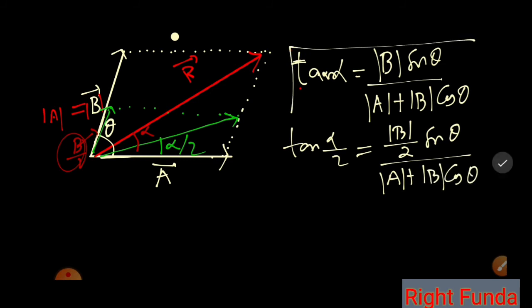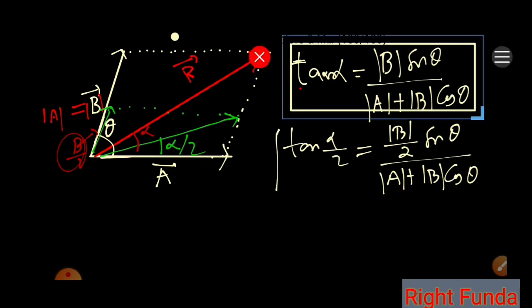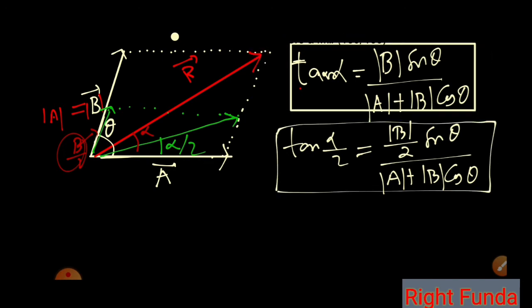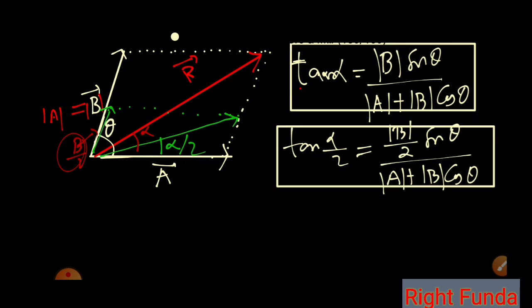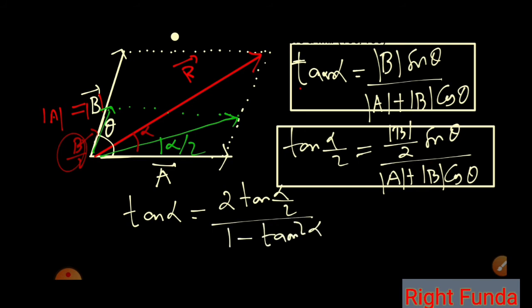So we got two equations from the question. Now we want to simplify these two equations, and we know that tan 2 theta equals 2 tan theta by 1 minus tan square theta, so tan alpha equals 2 tan alpha by 2 by 1 minus tan square alpha by 2.